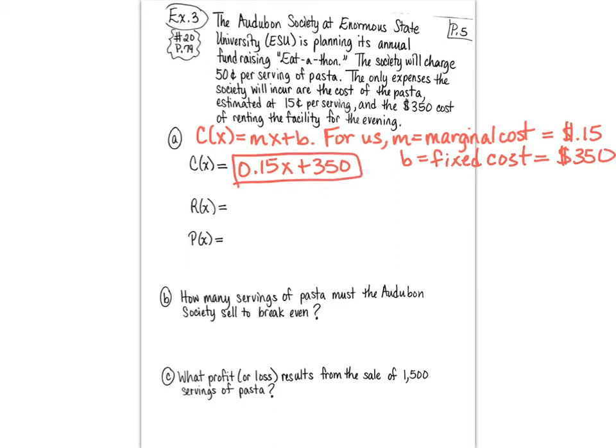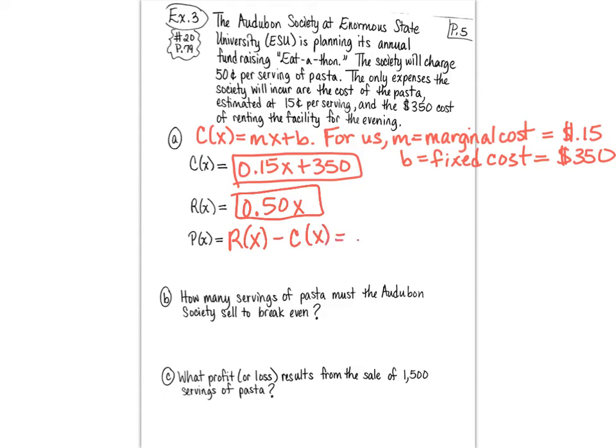We are also asked to find our revenue, and whenever we look at our revenue, we read back our problem. It says the society will charge 50 cents per serving of pasta. So that means our revenue will be 0.50x or 0.5x. And our profit, remember, is our revenue minus our cost.